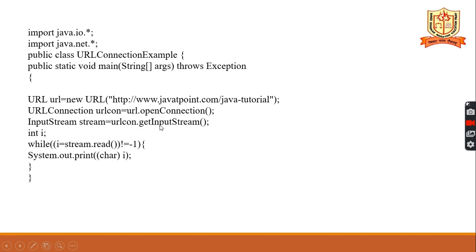So using this getInputStream you are reading this file. Int i, while i equals stream dot read, the read method, is not equal to -1. Not equal to -1 means what? When it reaches the end of the file, it returns -1. When it is not equal to -1, it writes the characters. So whatever data is in it will get written here.